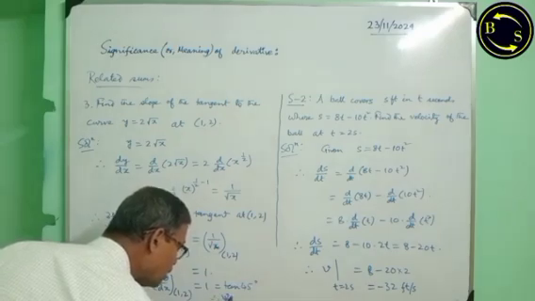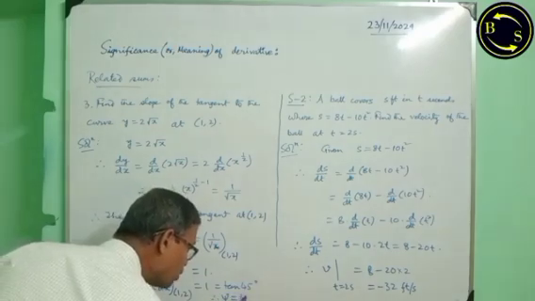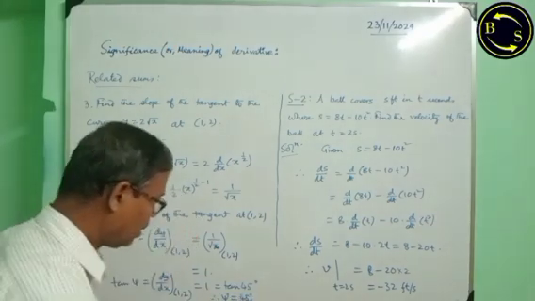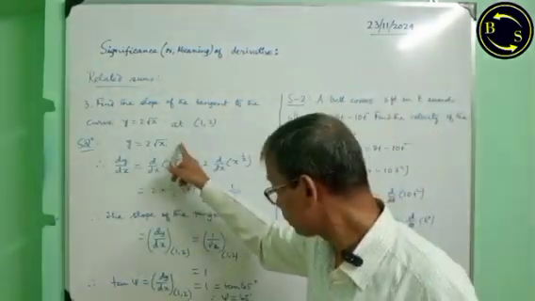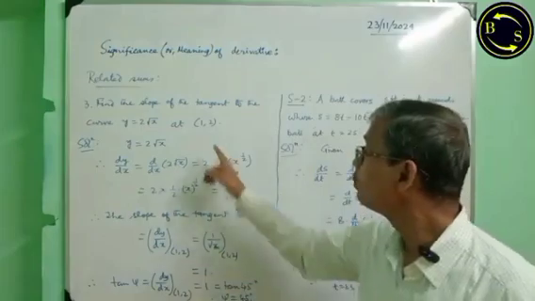Therefore, psi is equal to 45 degree. That is the angle made by the tangent to the curve y equal to 2 root x at the point (1, 2).